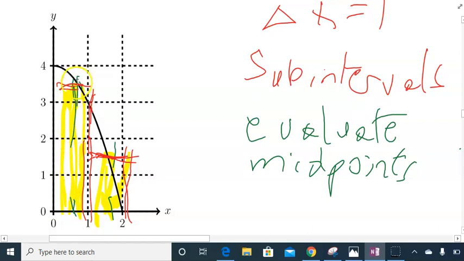So at 0.5, f of 0.5, that would be the point where the height of the rectangle, the highest point that the rectangle can go, is right there. And then also take the midpoint between 1 and 2, that would be 1.5, and sketch your rectangle at the point 1.5, f of 1.5. So that is what our new two rectangles look like.